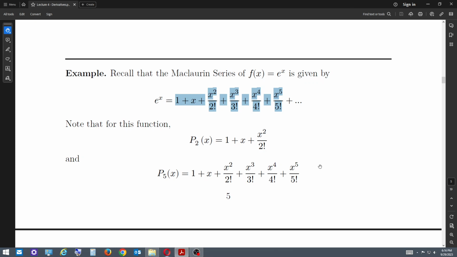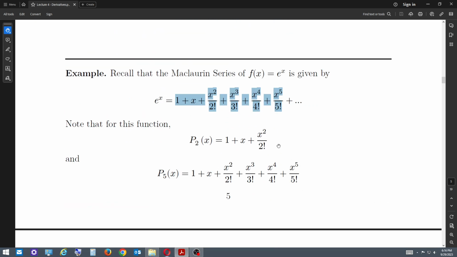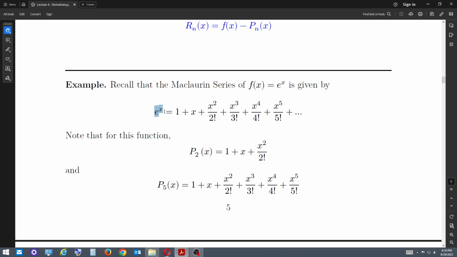So these are the 2 polynomials in question. Suppose we wanted to use both of these polynomials to approximate e to the power of 0.1. Meaning, if I were to take the exponential function and plug in x as 0.1, obviously I can use my calculator to work that out. But suppose I didn't have a calculator, then I can use these polynomials to approximate the value.